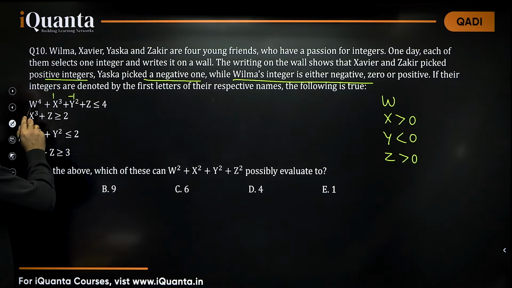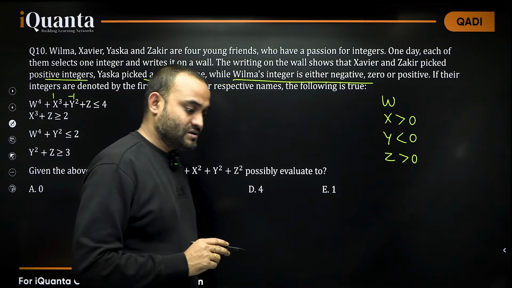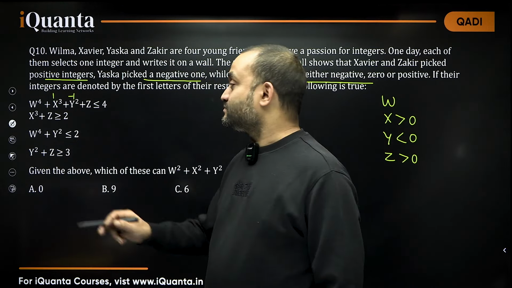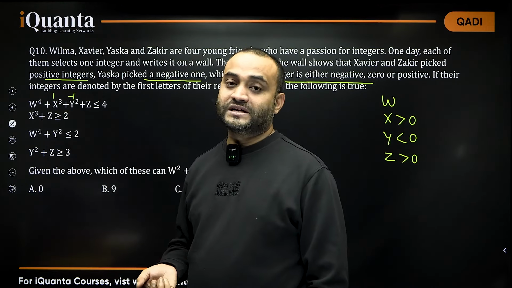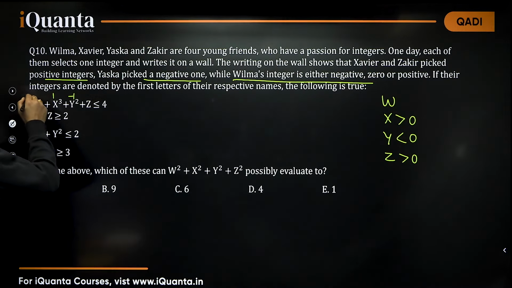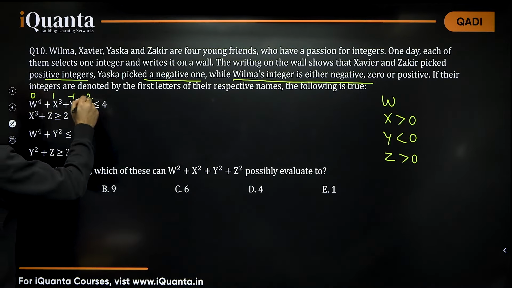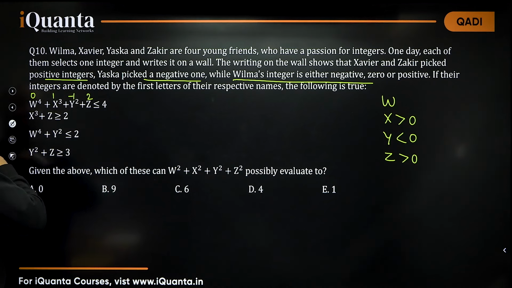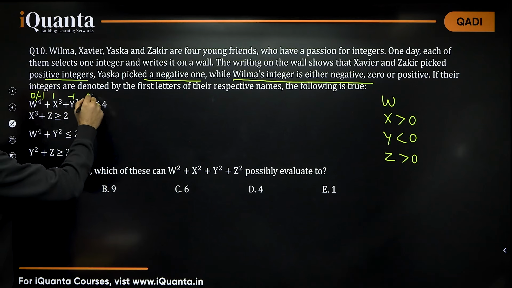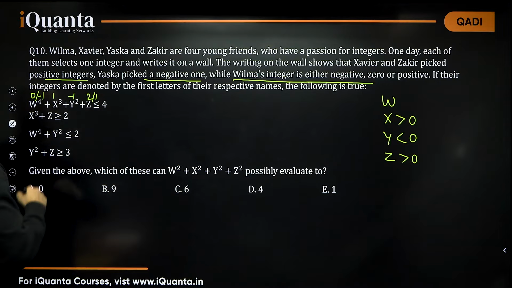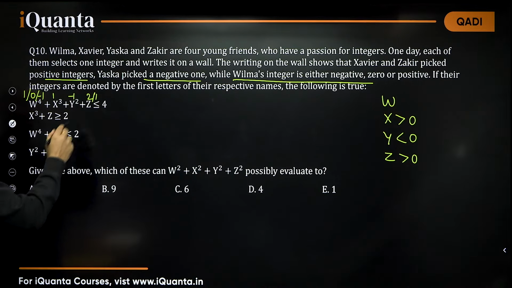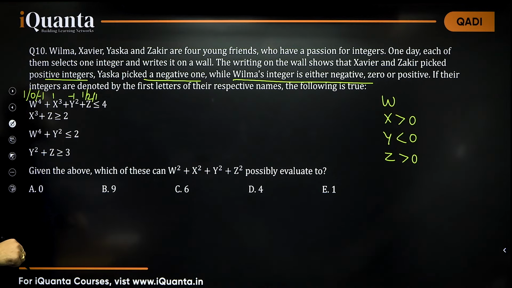Now in case of w to the power 4 and z, think about this. w to the power 4 plus z is less than or equal to 2, because we already have 2 here. What can we say? There are two cases possible: w could be 0 and for that z will be 2, or w could be -1, or instead of -1 it can be 1 as well, and for that z will be 1.